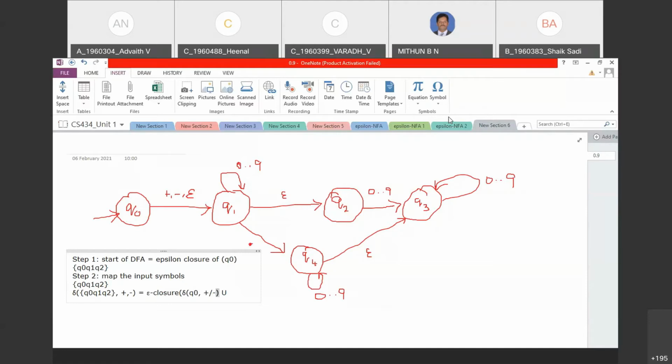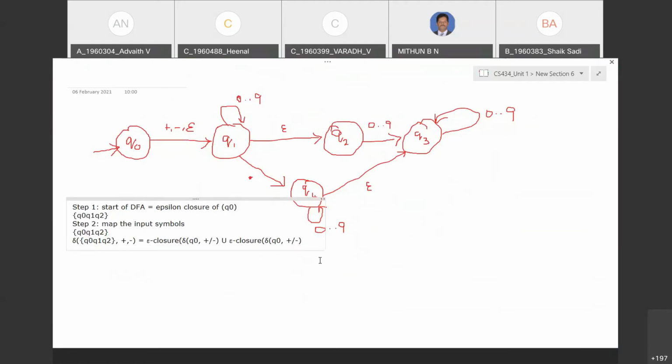So it is epsilon closure of delta of Q1 with plus or minus, union epsilon closure of delta of Q2 with plus minus. Is this clear?